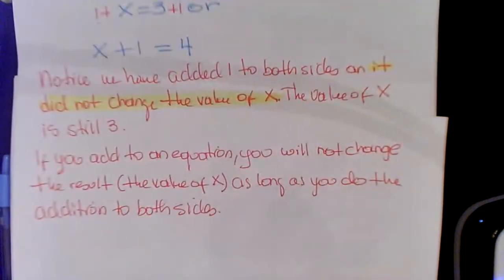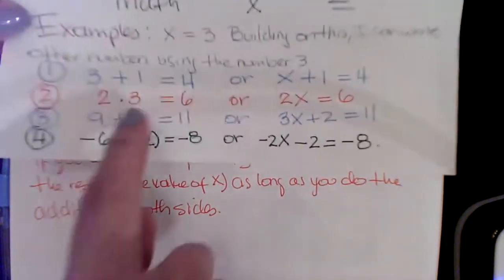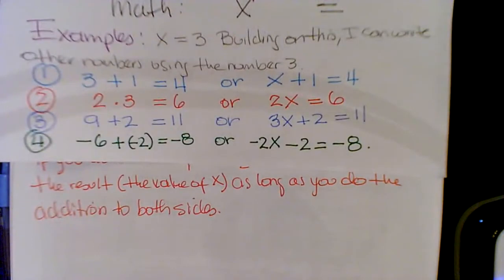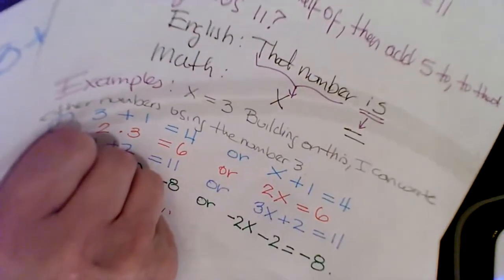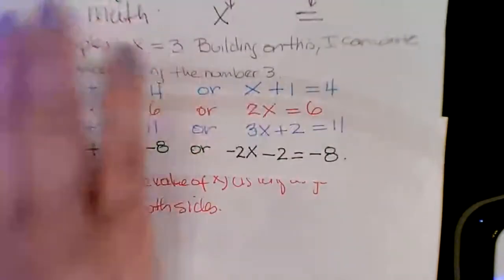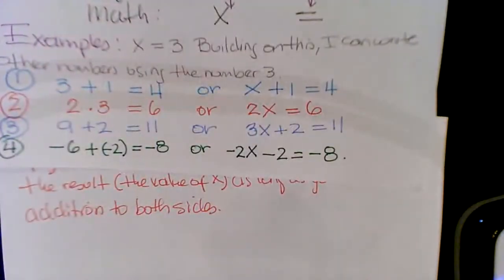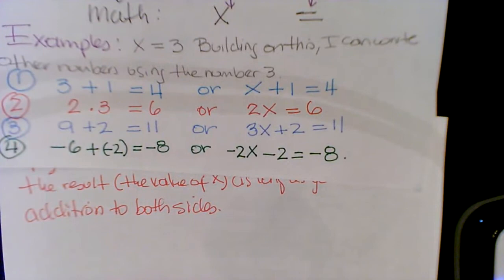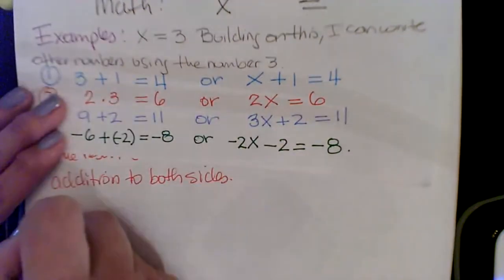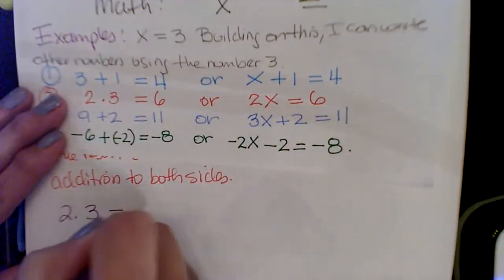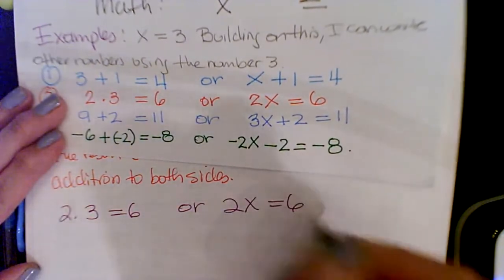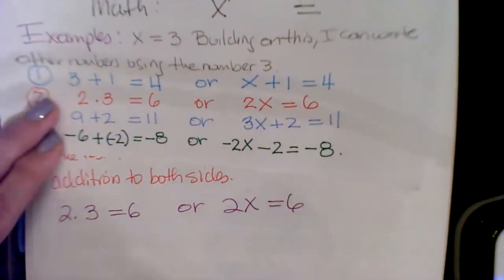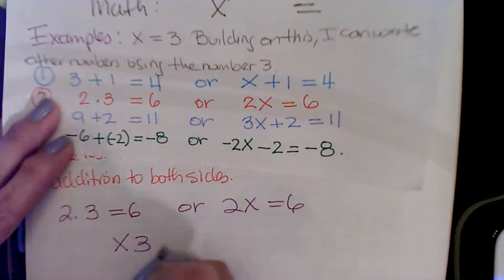Right? Now, let's take the second example, which was the multiplication. The second one said 2 times 3 was 6, or 2x equals 6. So let's do the same thing.